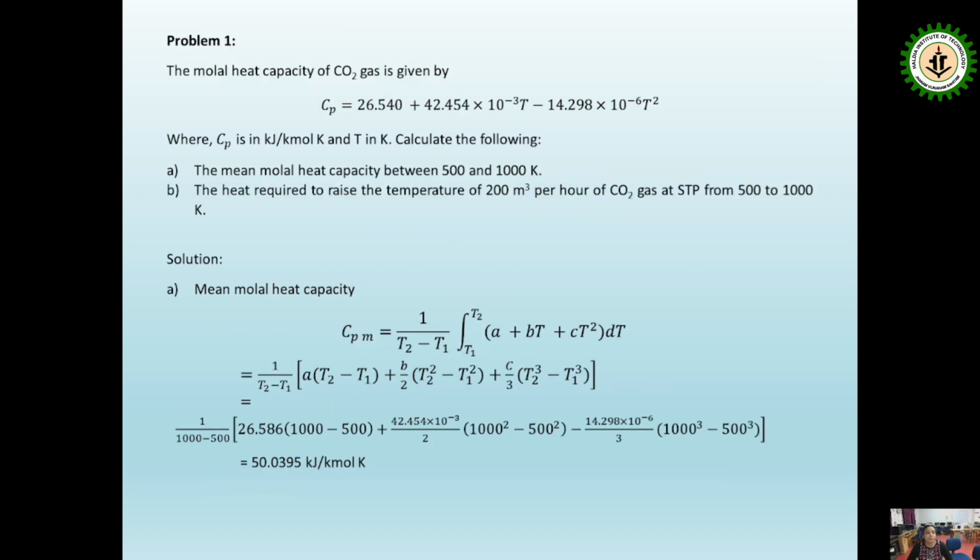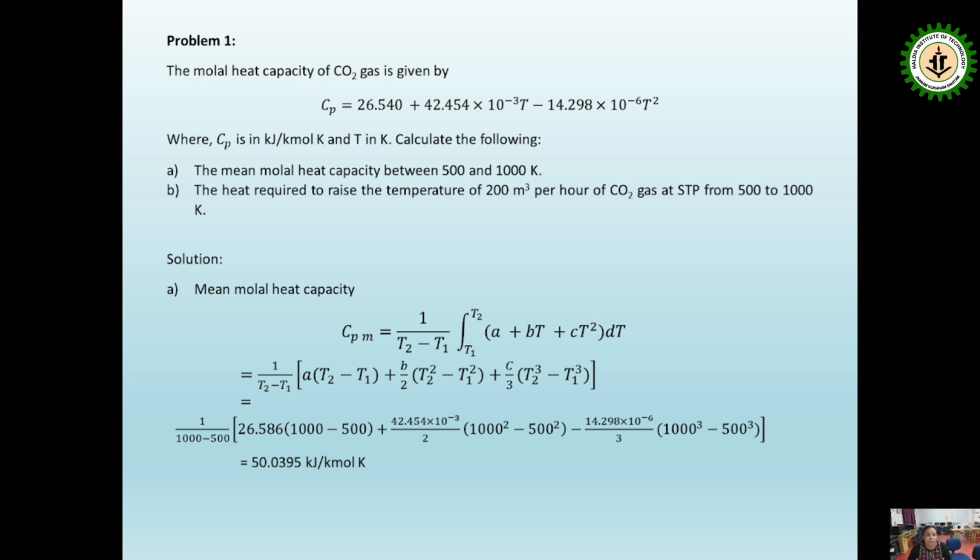Now we will solve one problem to find out the mean heat capacity of the gaseous substance. Now the problem statement is given. The molar heat capacity of carbon dioxide gas is given by Cp equal to the expression, where Cp is in kilojoule per kilomole Kelvin and T is in Kelvin.